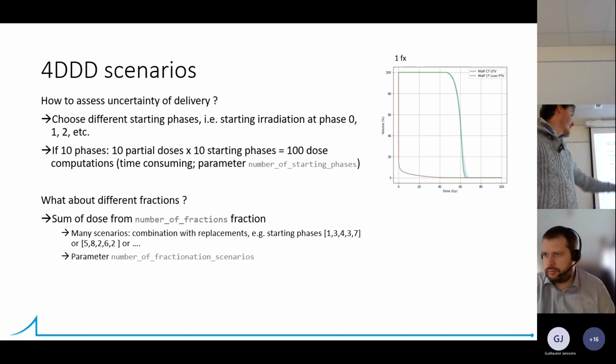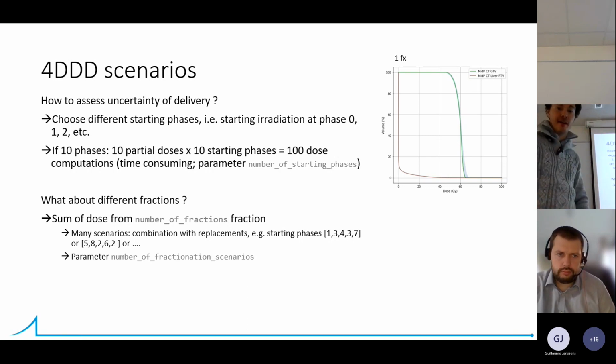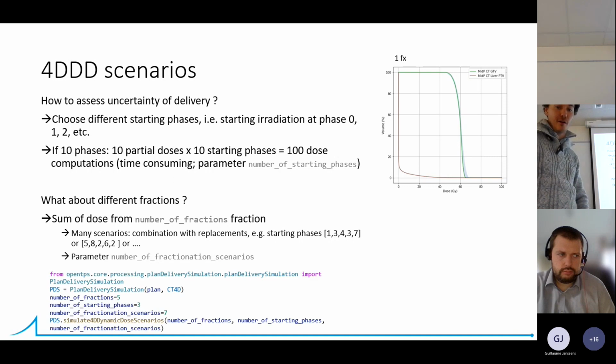So you can also provide a parameter here where you decide the number of scenarios that you want. And in the end, with those 3 parameters, you can compute several dynamic dose simulations.